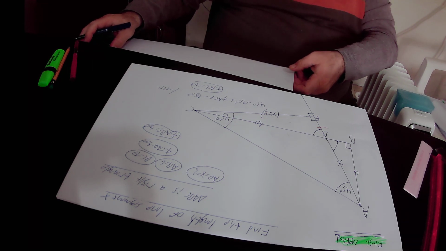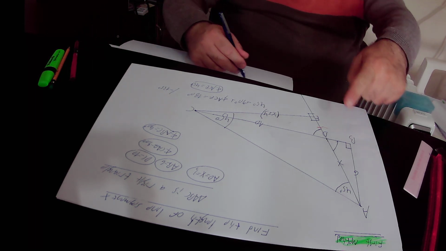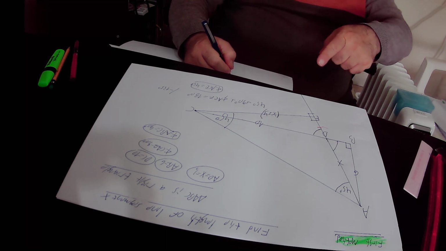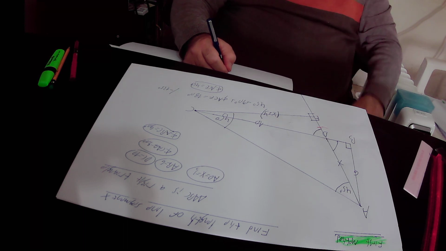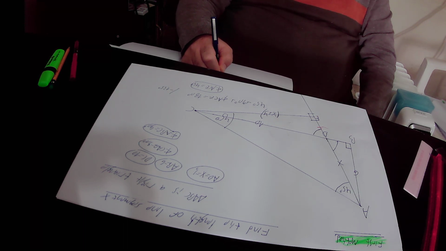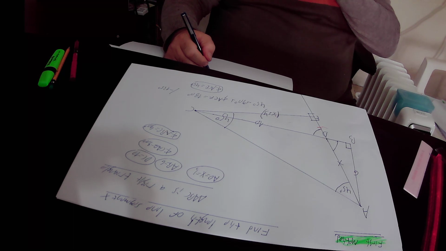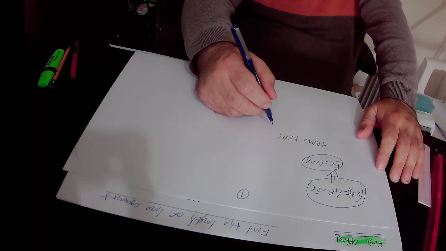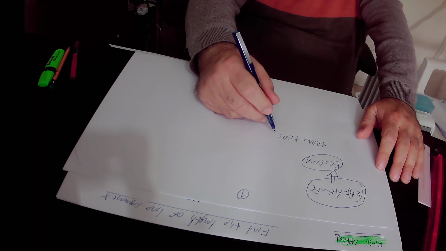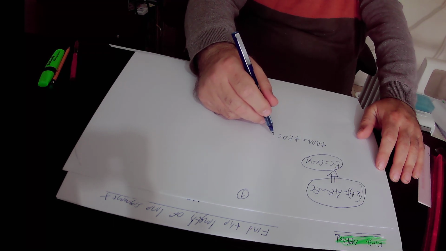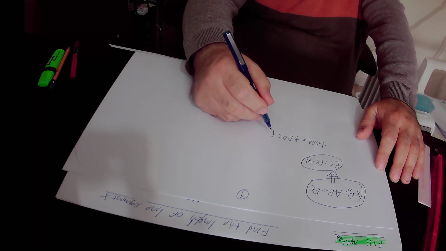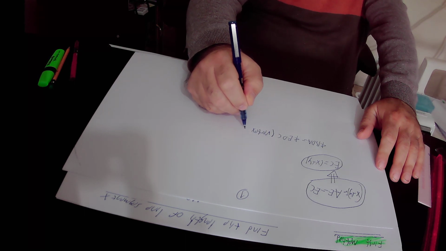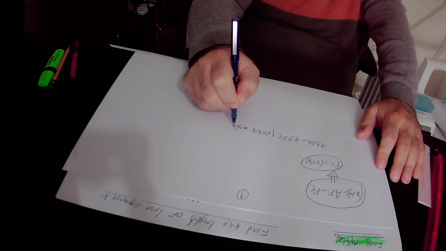So we can write down that angle BDA is equal to angle EDC, according to the rule that vertex angles are equal to each other.